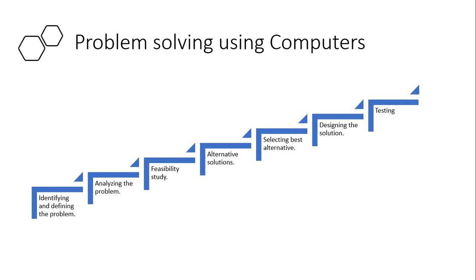testing is performed. So at this step, the software which is designed is tested to check whether the software is giving the correct output or not, whether there are any errors in the software. If there are any errors, they are rectified and the software is made error free.